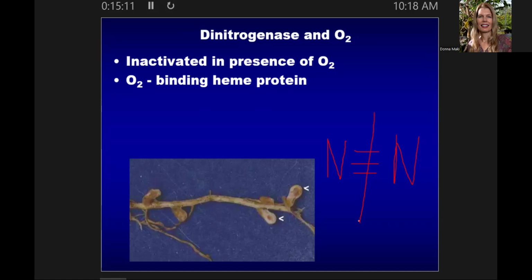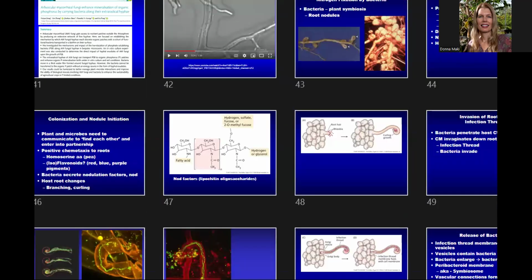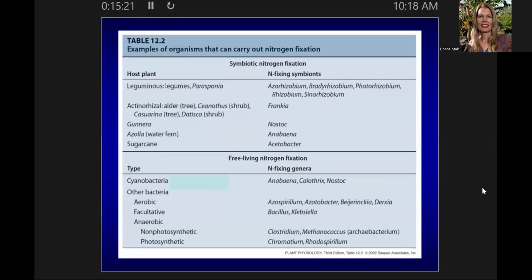And then you think about some of the bacteria. When we looked at some of the bacteria that can fix nitrogen, if you look here, there are aerobic bacteria that fix nitrogen.